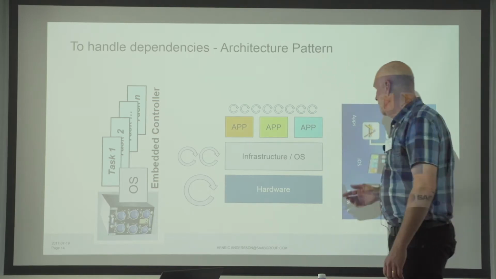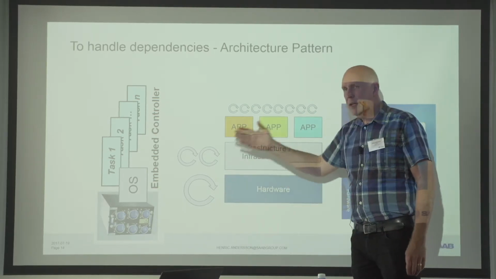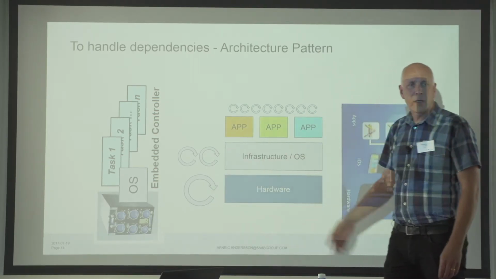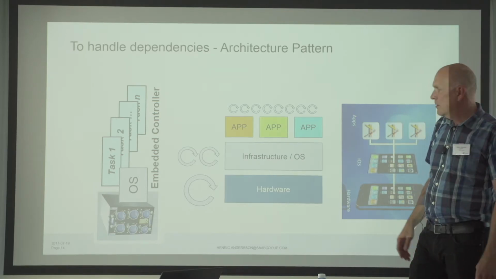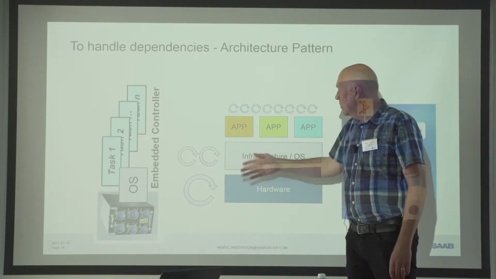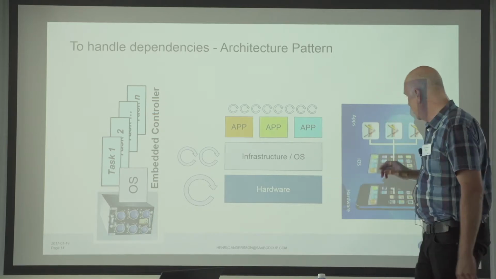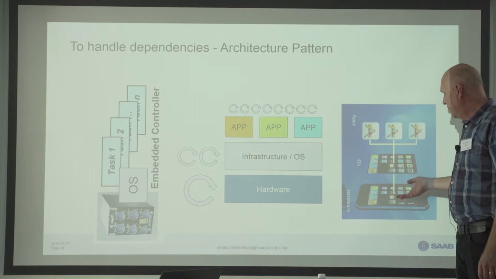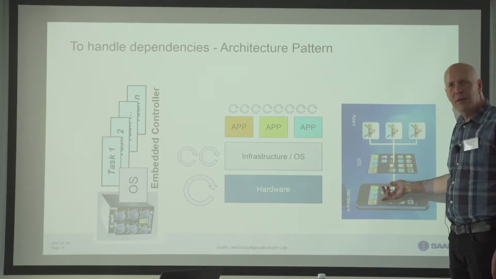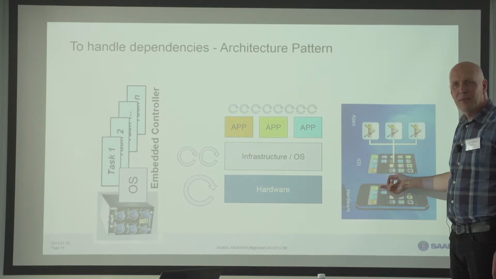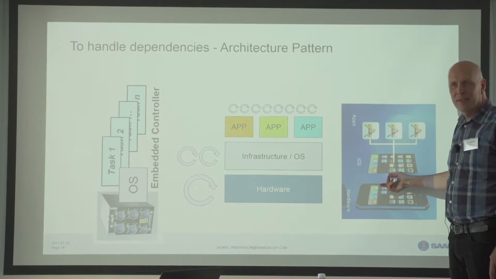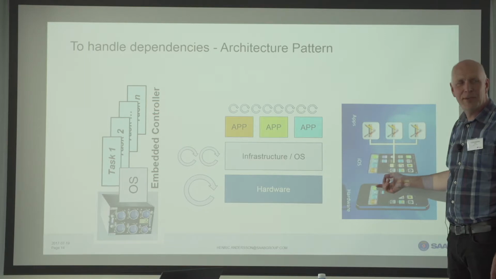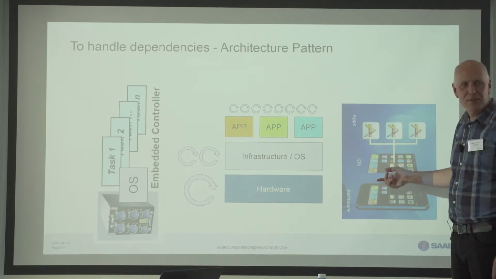Another thing is that the hardware has a long life cycle. We don't upgrade the hardware as often as the infrastructure layer or the applications. And I think you can recognize this from the mobile. How often do you buy new hardware? 3 years? 2 or 3 years? Yeah, I think it's pretty common.